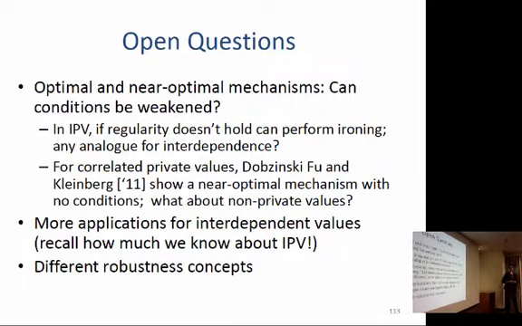And finally, I discussed robustness, and I showed these two, Bayesian versus ex post, but there's a whole range in the middle, and probably on one side at least, you can also consider all of these kinds of robustness guarantees. So what makes sense economically? What can you get technically if you look in this range of robustness? Okay, that's it. Any questions?